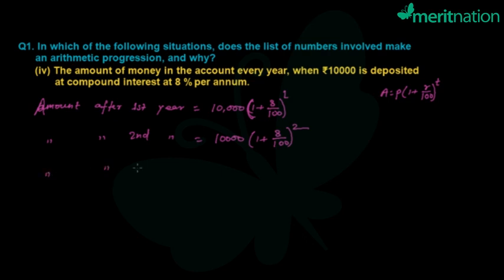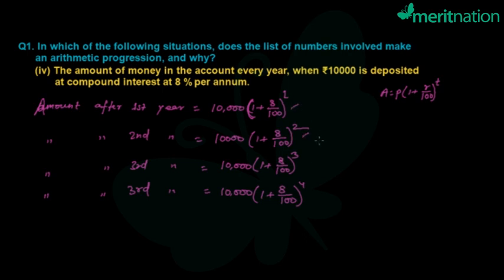The amount after the third year becomes 10,000 times 1 plus 8 by 100 raised to the power 3. The amount after the fourth year becomes 10,000 times 1 plus 8 by 100 raised to the power 4.